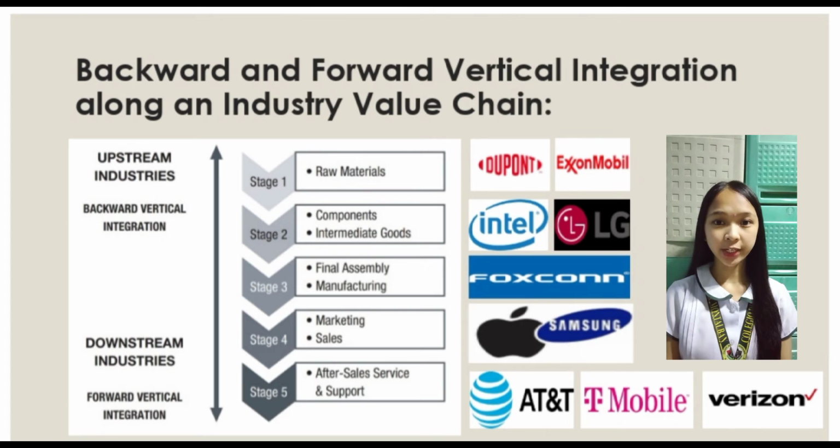The third stage is the original equipment manufacturing firms, or what we call the OEMs, such as Foxconn, that typically assemble the cell phones under contract for consumer electronics. And stage 4 is the telecommunication companies such as Apple and Samsung.